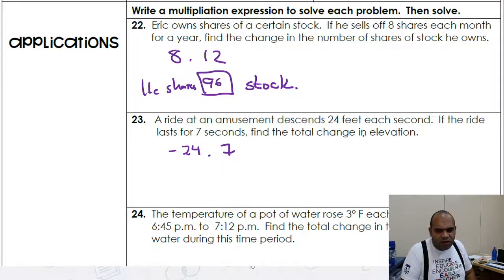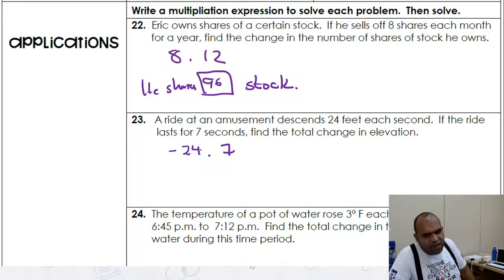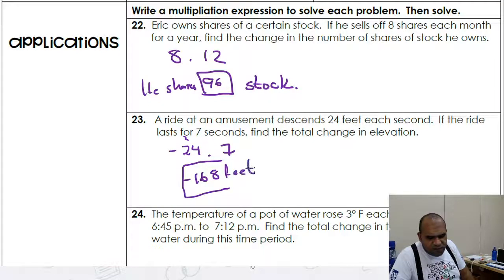Negative 24, 7 times 4 is 28, carry 2. 7 times 2 is 14, plus 2 is 16. The change in elevation was 168 feet.